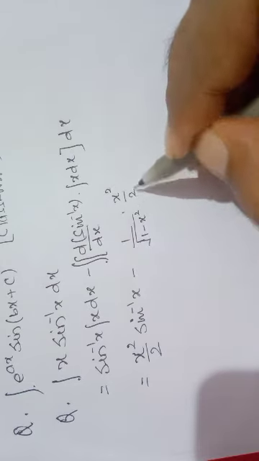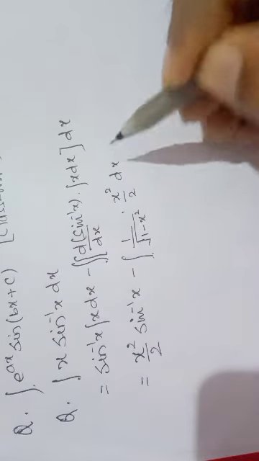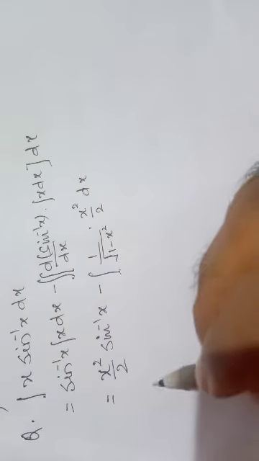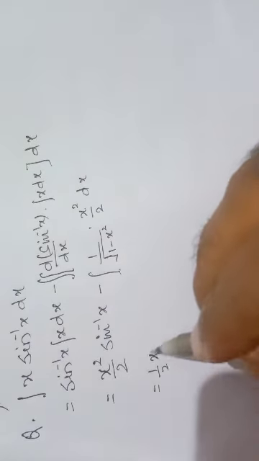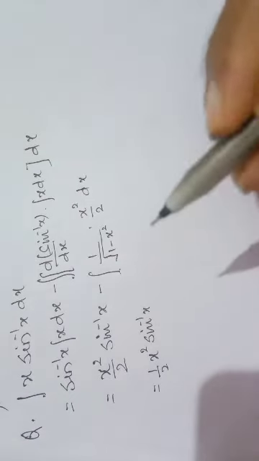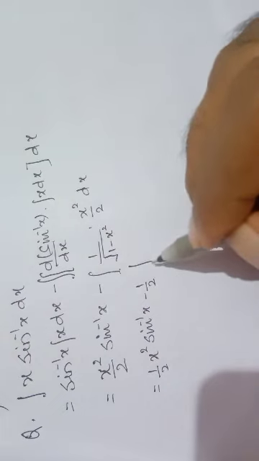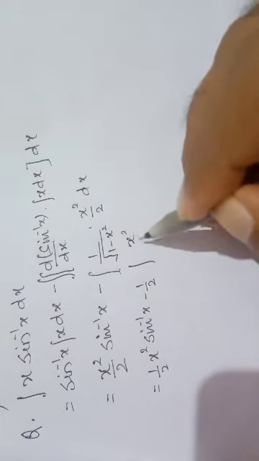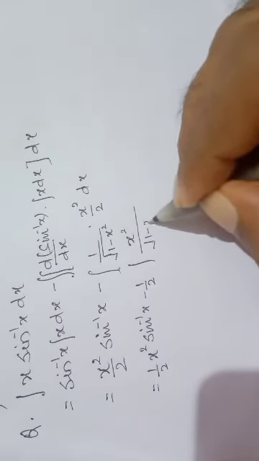This is integration and its whole integration. 1 by 2 being constant, so 1 by 2 x square sine inverse x, minus 1 by 2, x square by under root 1 minus x square.